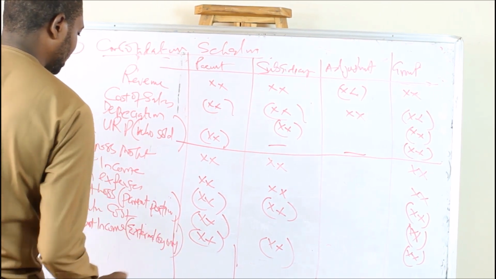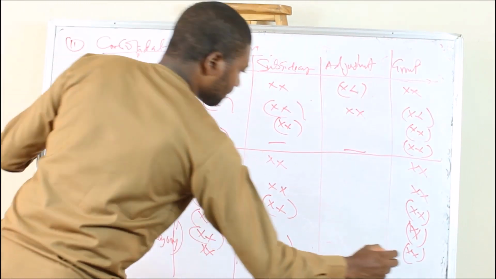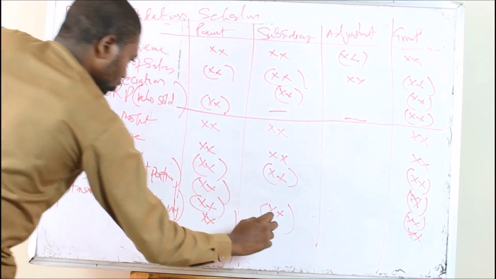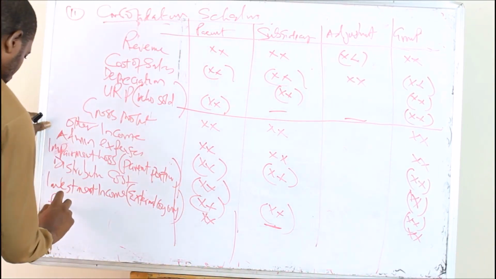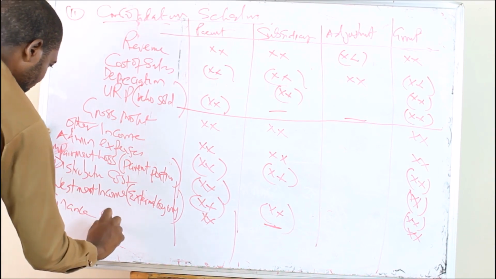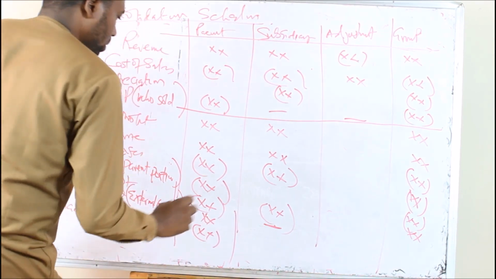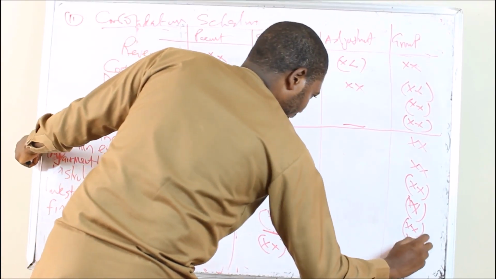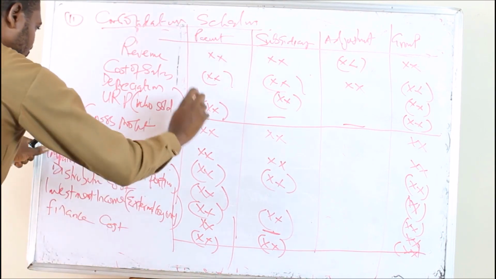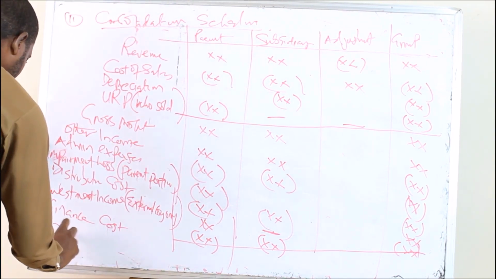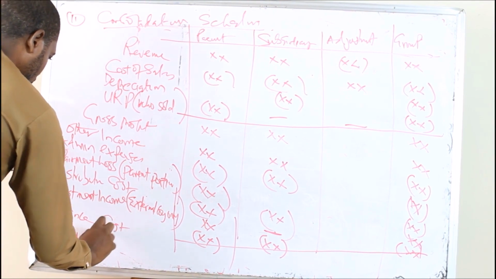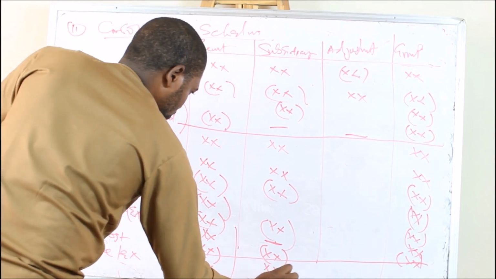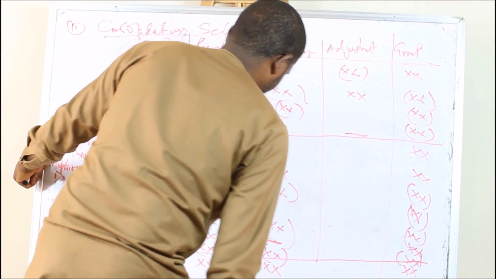I'll explain that later. Finance costs, parent and subsidiary. You minus everything, and that gives you profit before tax.